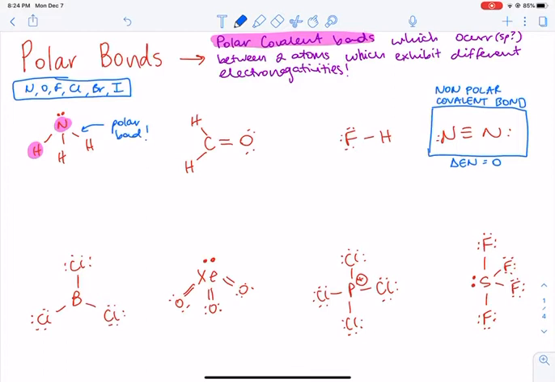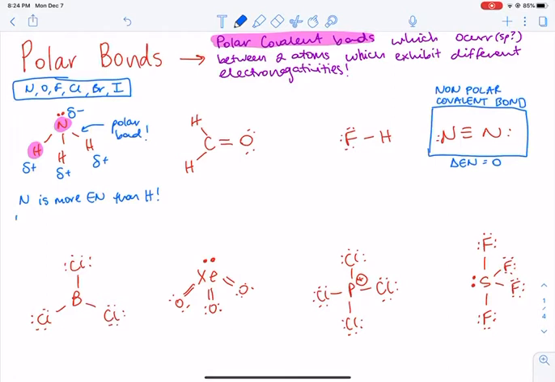It's quite polar, right? And we can assign the degree of polarity and further explain that by showing the partial charges. So I'm going to put a partial negative on the nitrogen and partial positives on the hydrogens. The reason for this is because nitrogen is more electronegative than hydrogen.